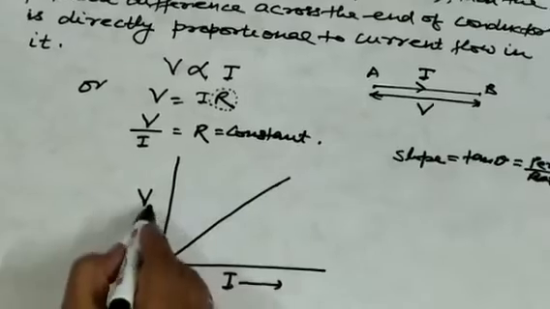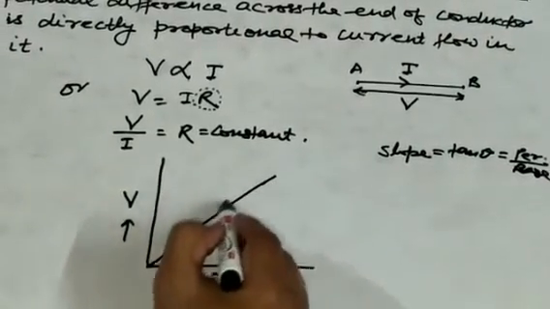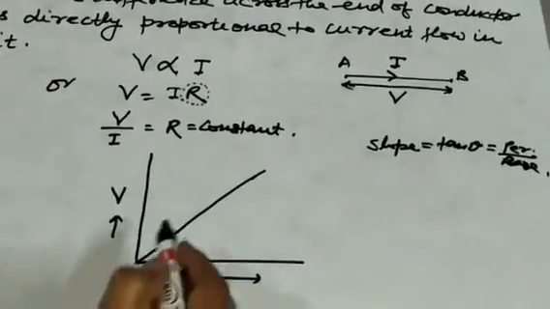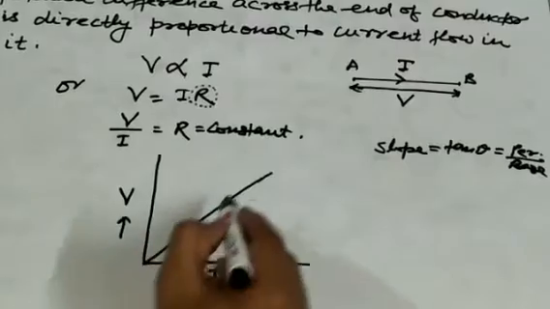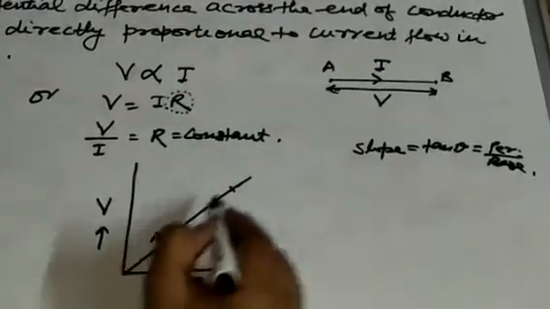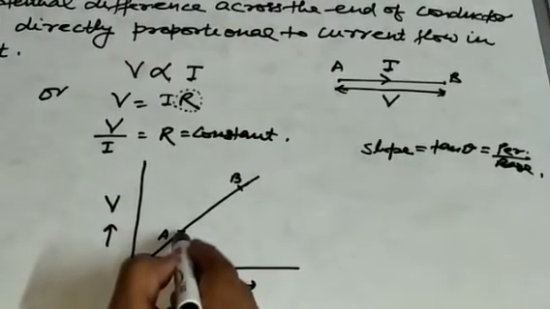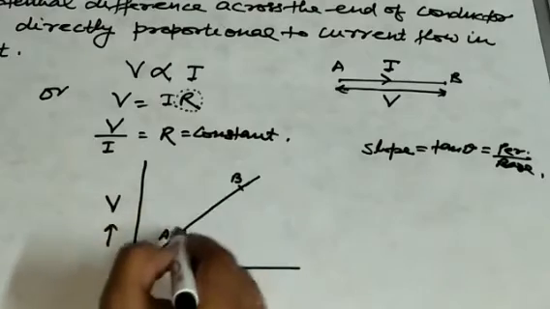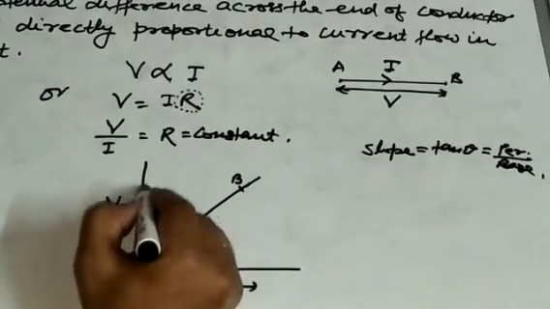For finding the slope of this line, take any 2 points on the line. Suppose A and B are 2 points on this line, and drop perpendiculars from A and B on the y-axis, the voltage axis.